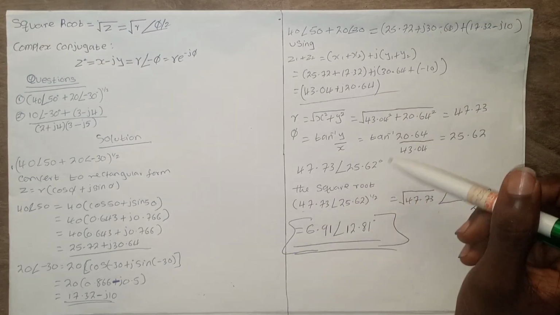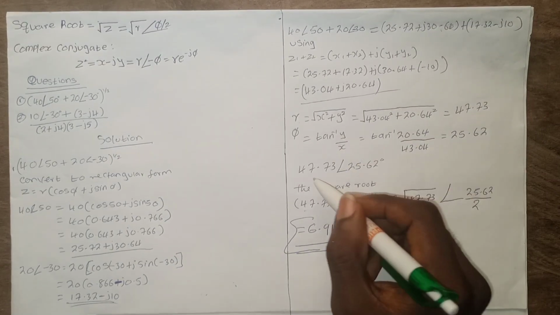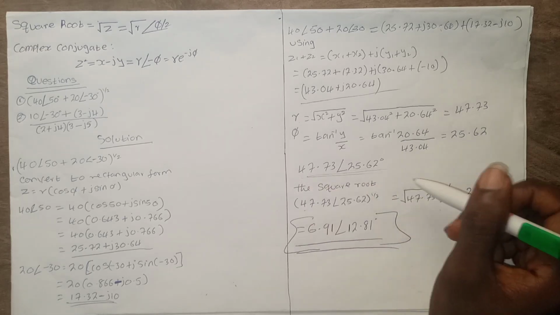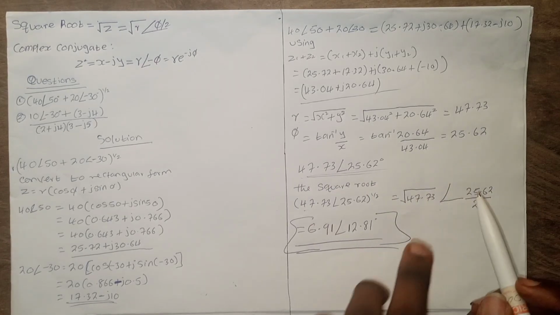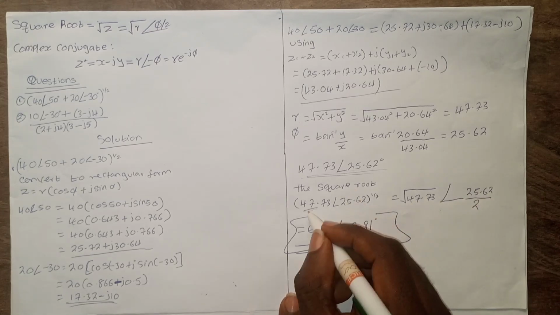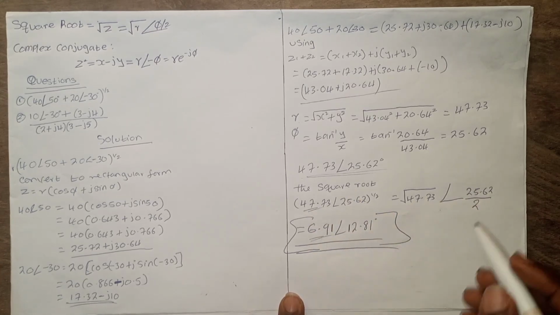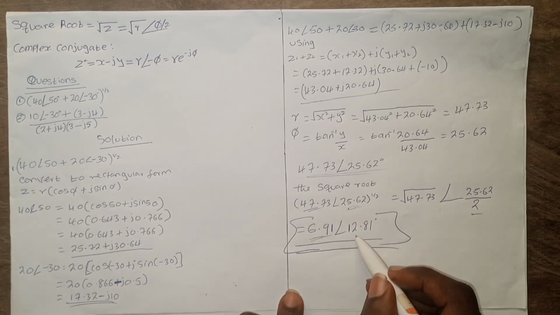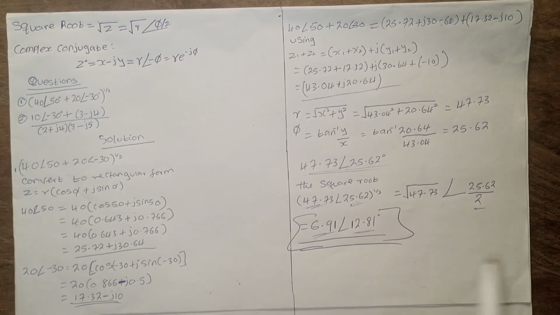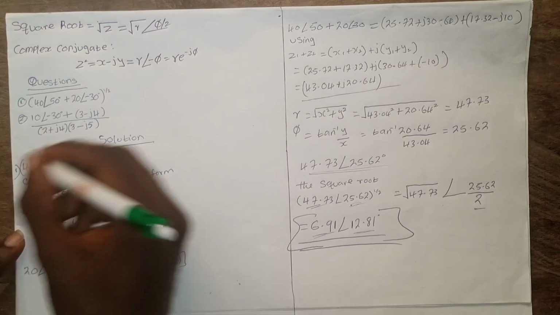After we convert it back to polar form, this is what we have. Then we look for the square root of the r, which is this one, and we get 6.91. Then we divide the angle, which is this one here, by 2, and then we have this. I'm going to do a video on the second question, which is this one, but we have done this one.